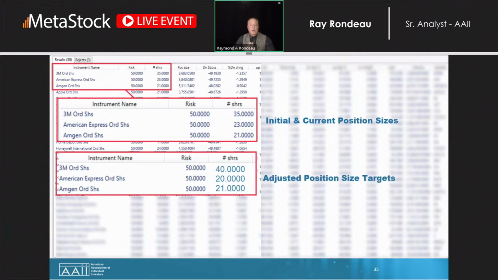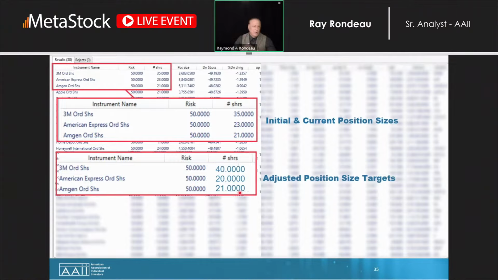Here's a hypothetical example. On the top, we're showing the initially recommended and assumed current position sizes of 3 securities in a portfolio. We have 3M, American Express, and Amgen. And this is what it was when we initially set it. Under that, we are showing some new hypothetical position sizes that are reflective of recent price and volatility changes.